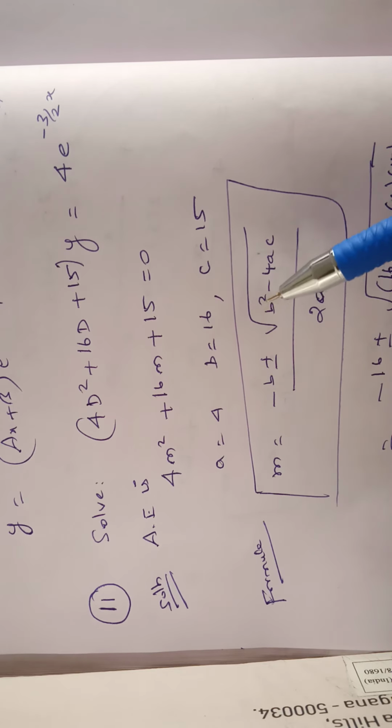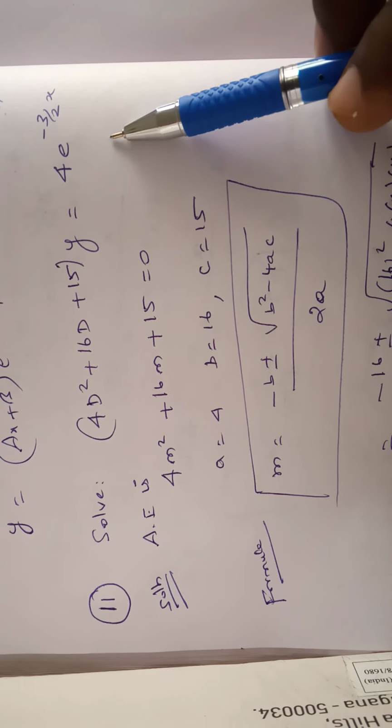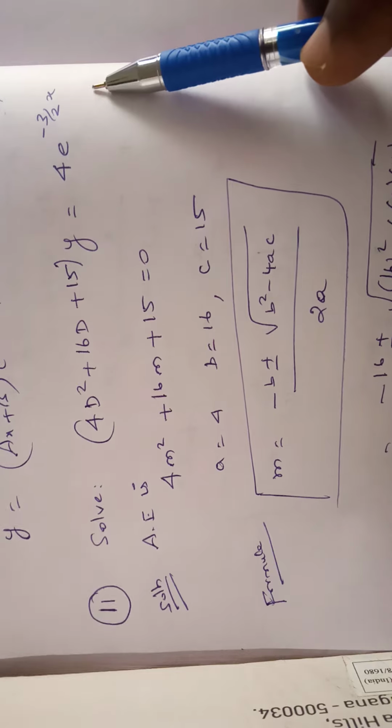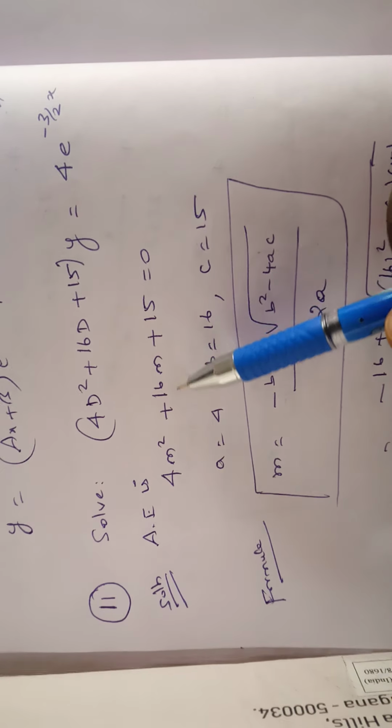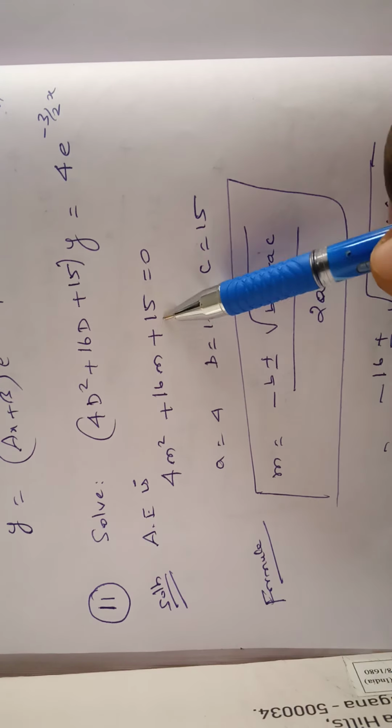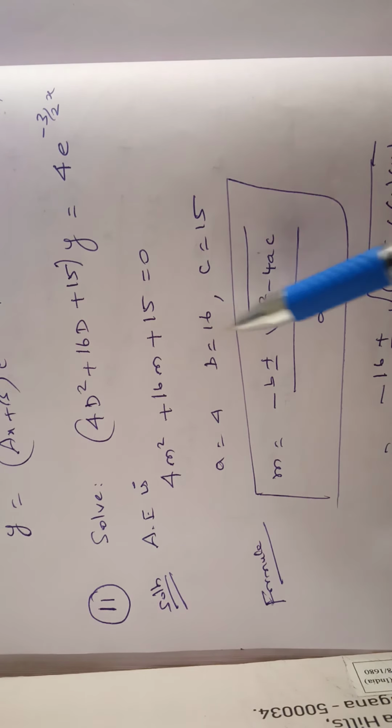Solve 4D square plus 16D plus 15 y equal to 4 e power minus 3 by 2 x. First we have to compute the complementary function. 4m square plus 16m plus 15 equal to 0, a equal to 4, b equal to 16, c equal to 15.